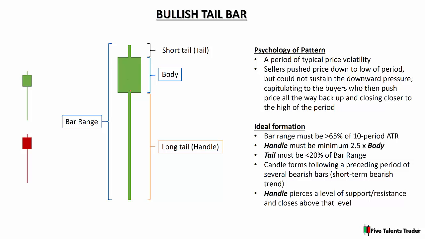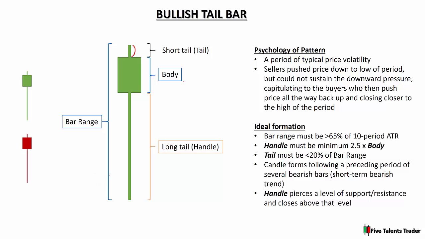The handle, meaning the long tail, must be minimum 2 times the body. This distance here must be minimum 2 times this distance here. And in this case, this is a perfect formation where we have the handle at least 2 times the size of the body. The tail, which is the short tail here, must be less than 20% of the bar range.